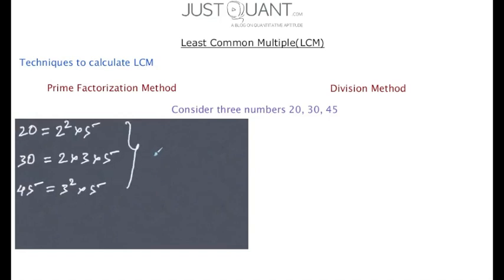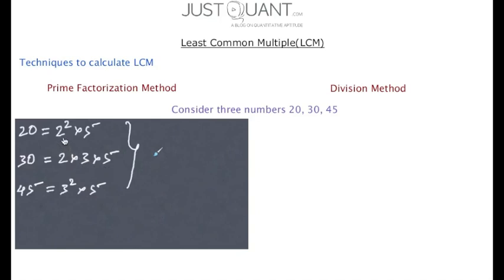Okay. Now once we express each of these numbers in terms of the prime factors, their LCM is obtained by taking the product of the prime factors raised to their highest power. That is, the prime factors that we see here are 2, 3 and 5.